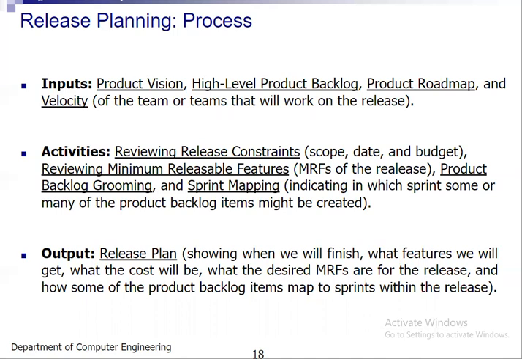So you have to decide what the minimum is, just like we say MVP, minimum viable product, right? Similarly here, what will the minimum releasable features be. Then product backlog grooming, because we are in Agile, right? So in Agile, customer satisfaction is given more importance. So always after every sprint and every release we ask the customer to give changes and suggestions to improve the product. So if any new requirements are coming, we need to groom our product backlog, right?